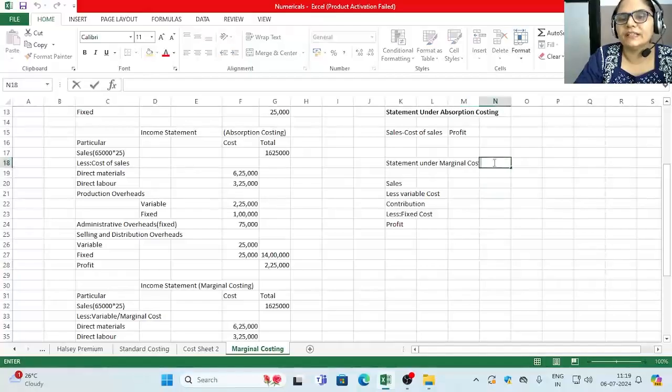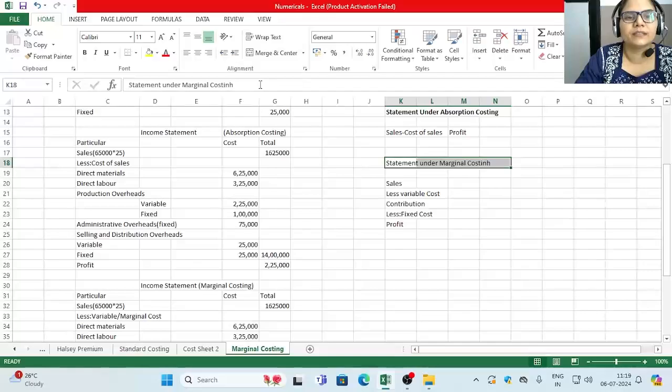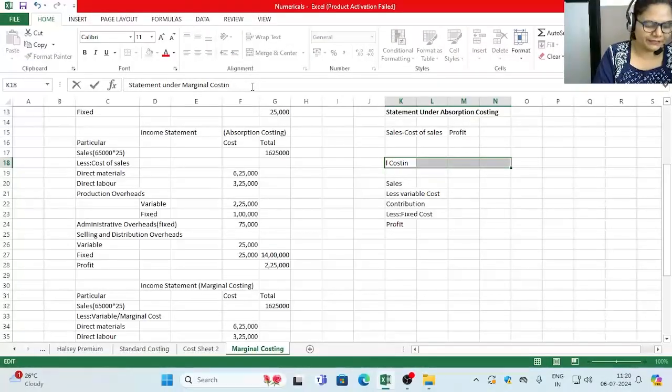So this is basically the income statement under marginal costing. There is some spelling error, we will rectify it, no problem.